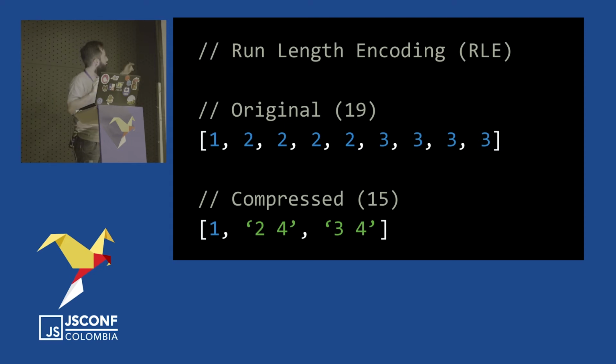So you have the number 1 that is not repeated, then 4 times the number 2, and then four times the number 3. When you JSON stringify the original one and the compressed one, there's a difference of 4 characters. But when you do this with a large image, you can do better.